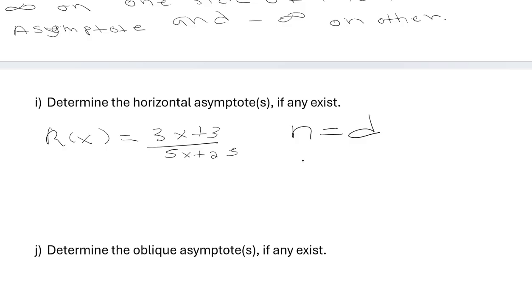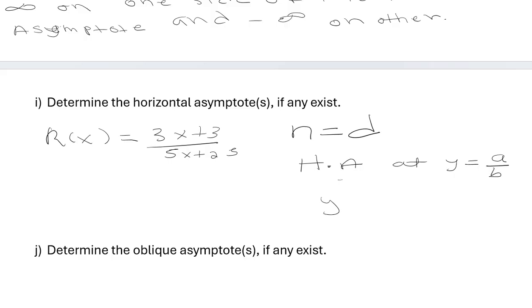Therefore, I do have a horizontal asymptote at y equals the coefficient of the leading term of the numerator divided by the coefficient of the leading term of the denominator.